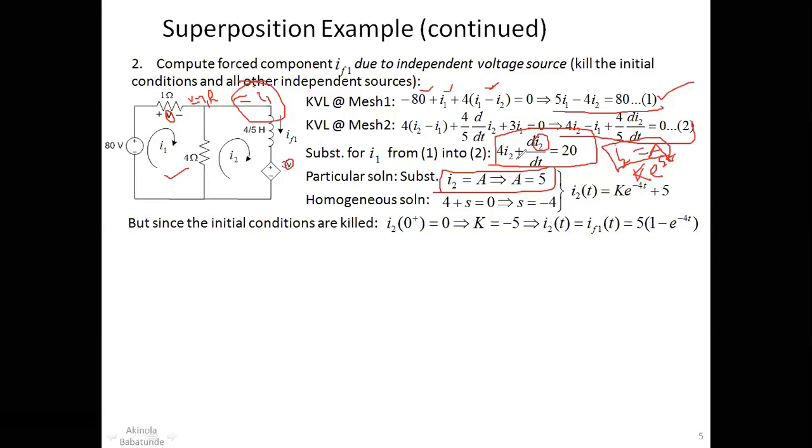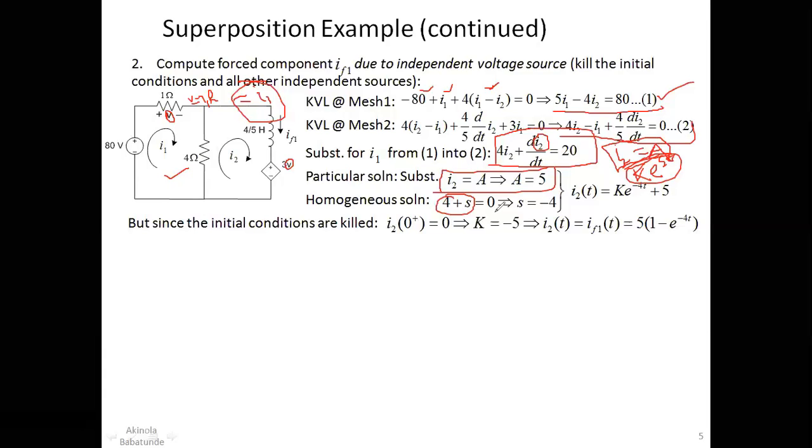You have 4k exponential st here, and you rearrange it. You're going to have two factors, and the product is supposed to be equal to 0. And k exponential st cannot be equal to 0. The only one that will be left that you can equate to 0 will be 4 plus s, like I did the other time.